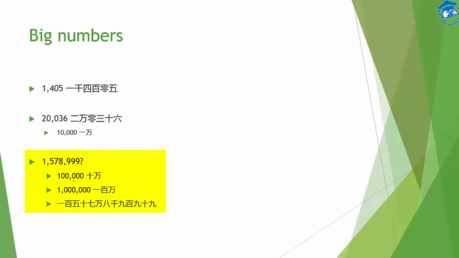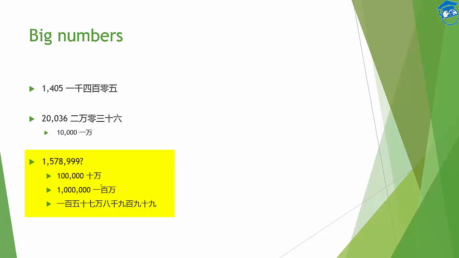So 100,000 is like tens of 10,000. 10,000 is 万, so tens of 10,000, just add another 0 at the back, is 十万. Just like how you say 10, but we have another name for 10,000.